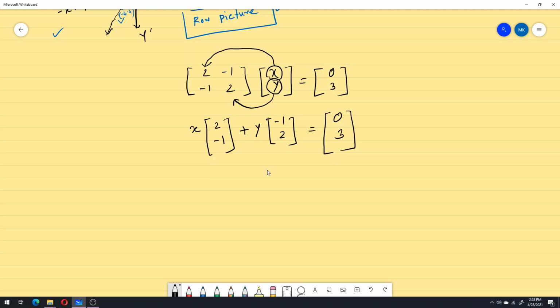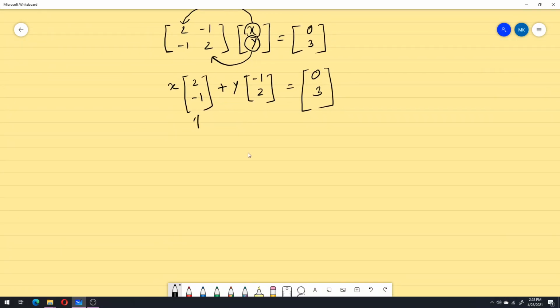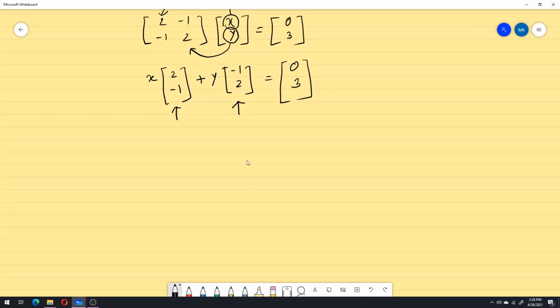Now let's draw these vectors on the 2D coordinate system. As there are two elements, the system is a 2D coordinate system. Okay.